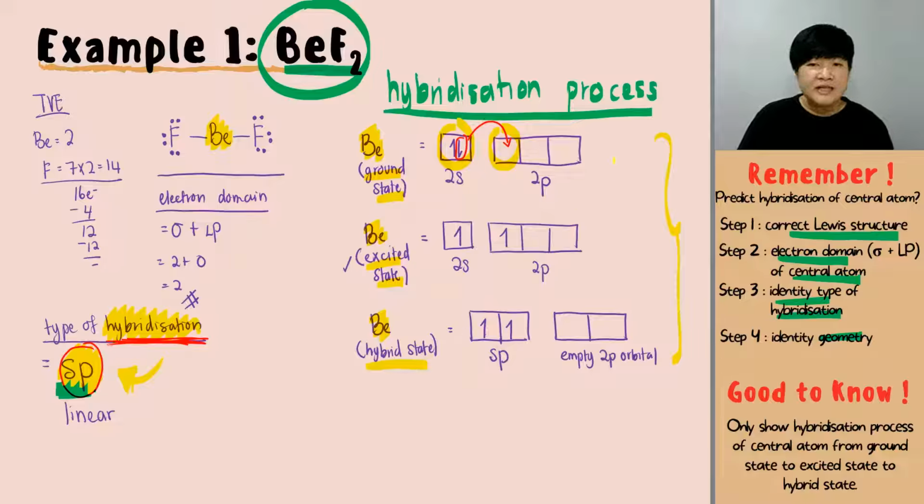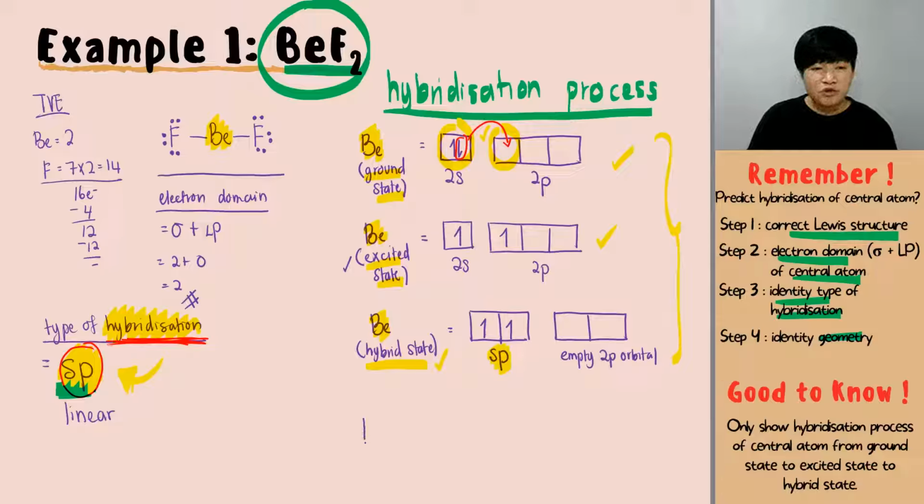So the ground state is just the valence electron in orbital diagram. In the excited state, we are going to move the electron from a lower energy orbital to a higher energy orbital. Last but not least, in the hybrid state, we are going to mix them together to form a new set of hybrid orbitals. Okay? And we are not done yet because that is only for your central atom.